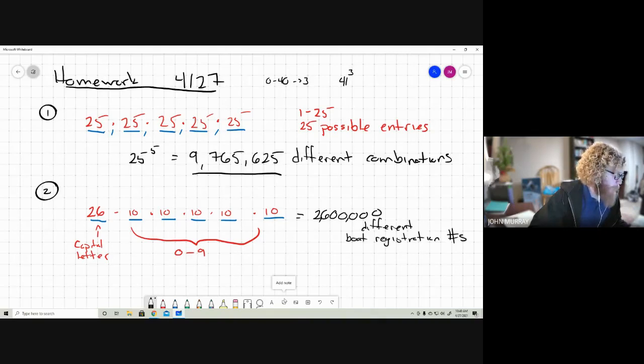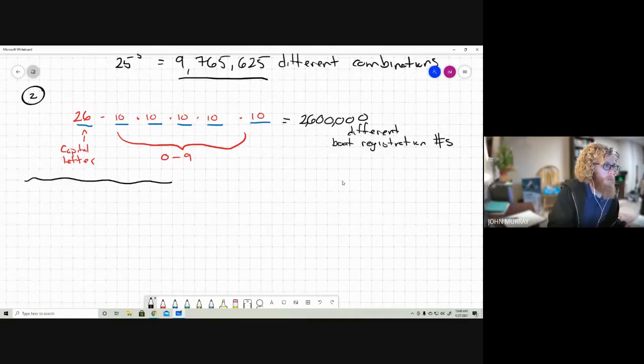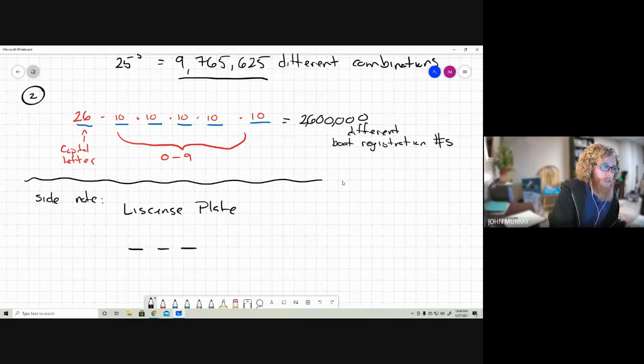And yes, again, we're going to end up with some very large numbers. This is pretty much how license plates work. For a license plate, you even have a greater number. So real quick, just to talk about it before we get to the next part: a license plate has 6 entries, but for each entry, you could enter either a number or a letter.